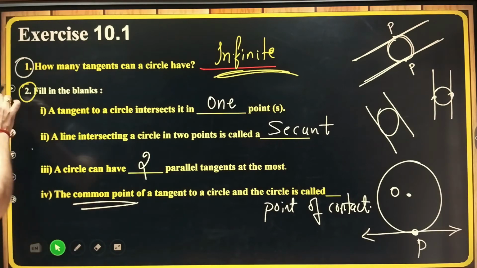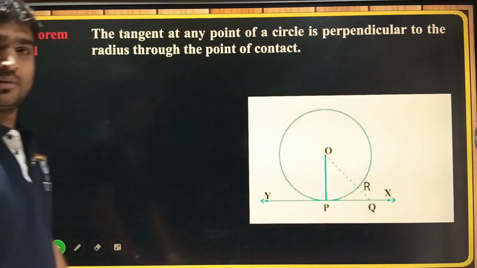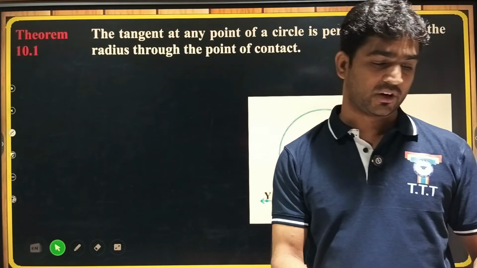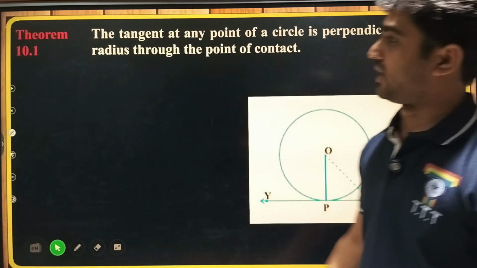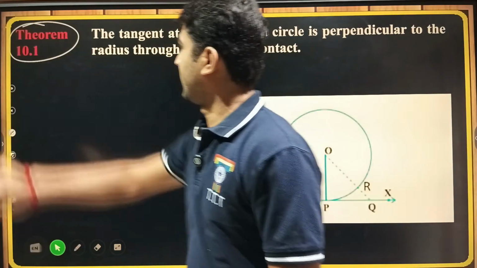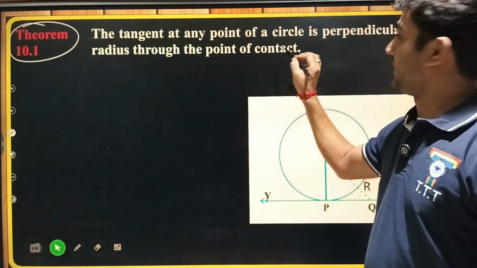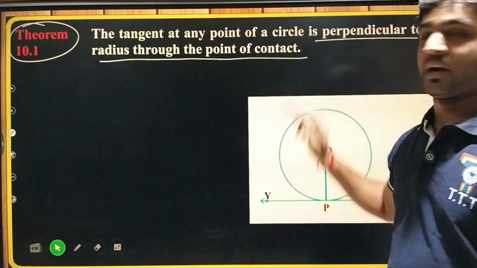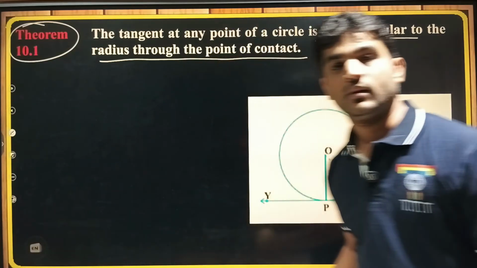Next question number, but before that let me continue with a theorem. See here, dear students, in this chapter there is a theorem. We consider this as theorem 10.1. What does theorem number 1 in this chapter say? The tangent at any point of a circle is perpendicular to the radius through the point of contact. Simply, dear students, I already told you in this session only.